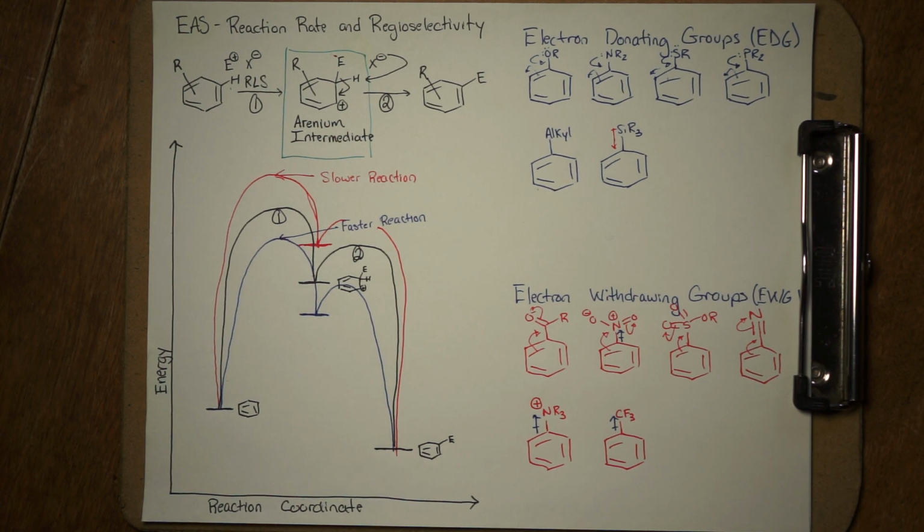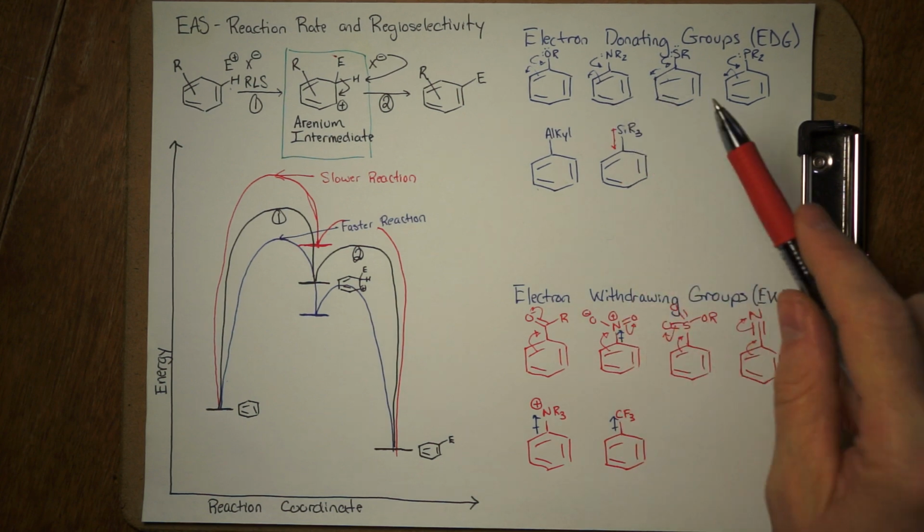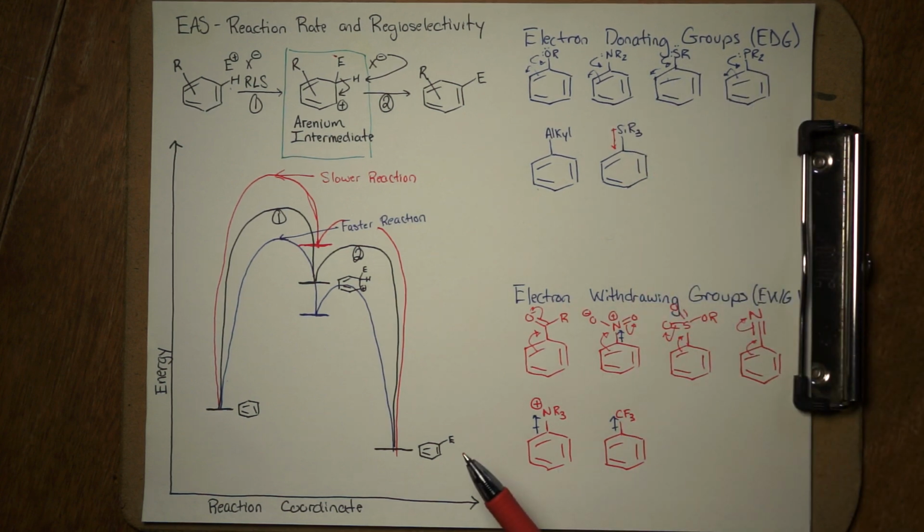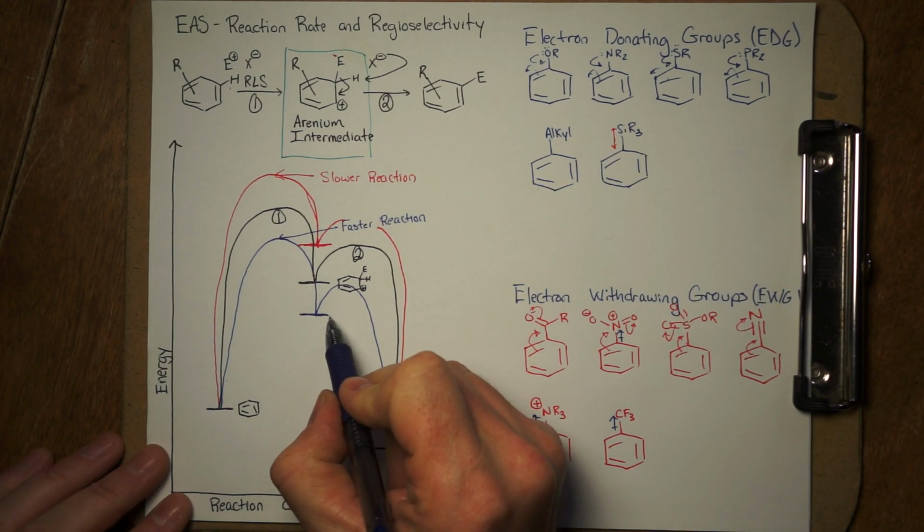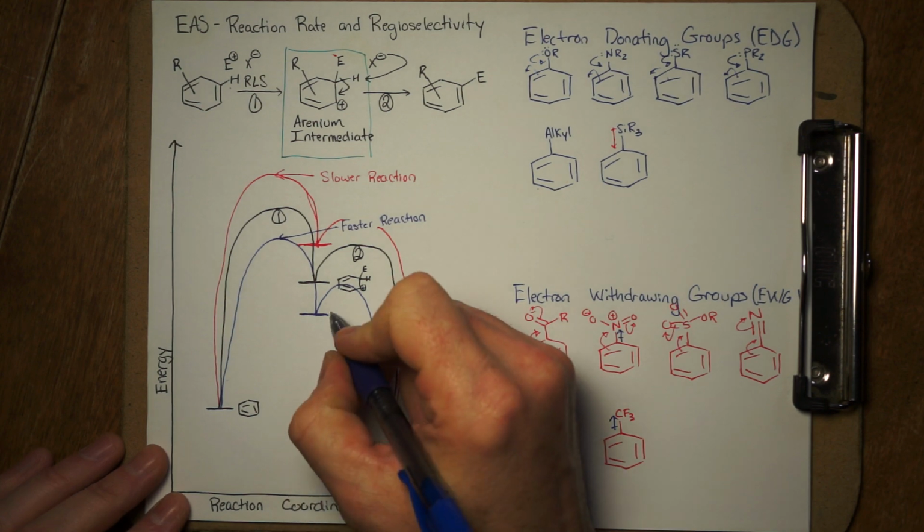Okay, so when we think about how these different groups are going to affect the rate of a reaction, if we have an electron donating group on a ring, generally those electrophilic aromatic substitution reactions will occur faster because that electron donating group can stabilize the arenium intermediate that forms.